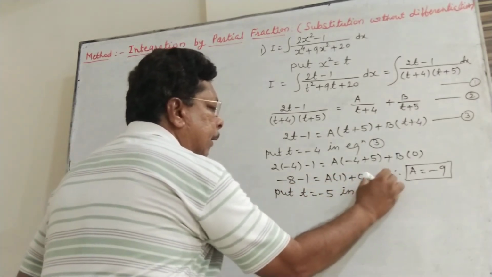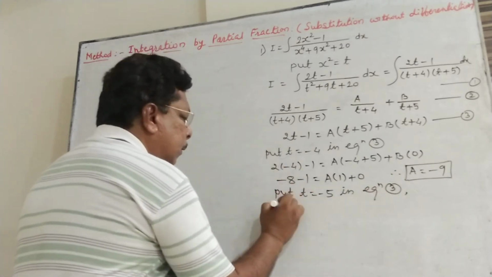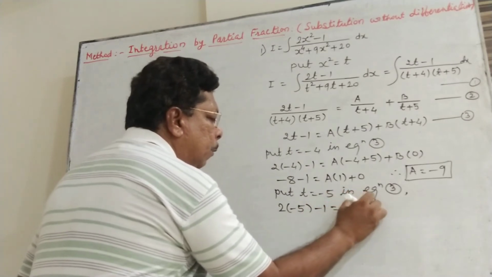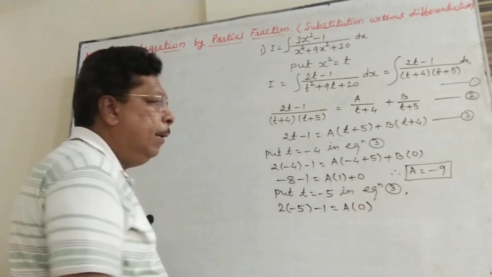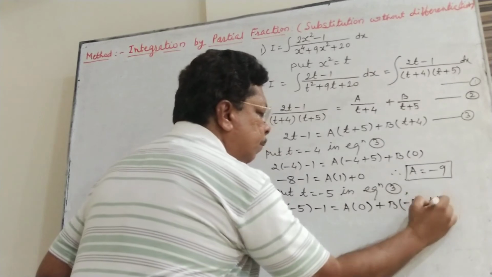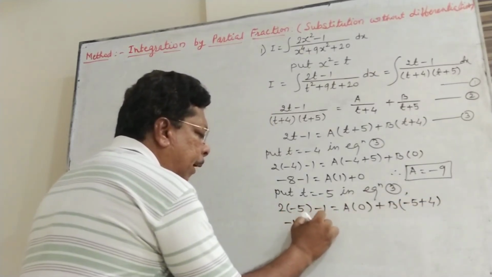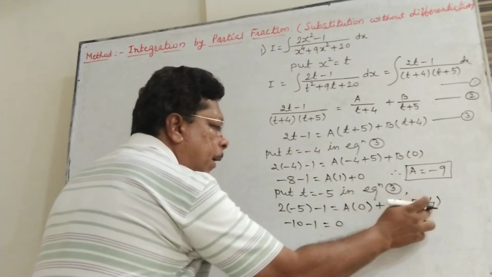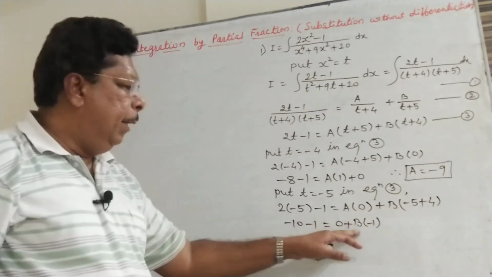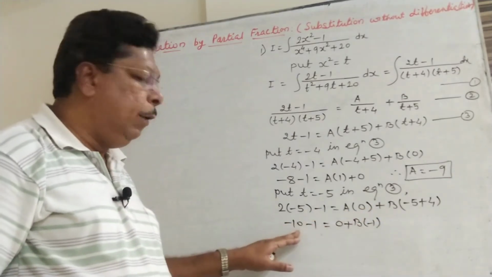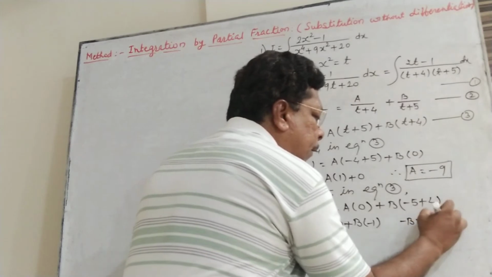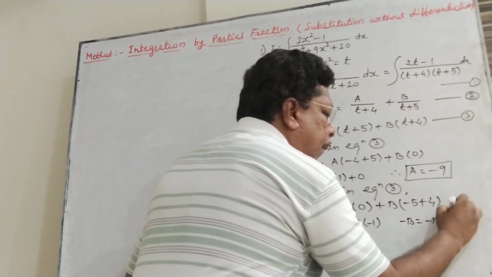Equation 3 becomes 2 into minus 5 minus 1, a into (minus 5 plus 5) which is 0, plus b into (minus 5 plus 4). 2 into minus 5 is minus 10 minus 1, a into 0 is 0, so b into minus 1 is minus b equal to minus 11. Therefore b equal to 11.